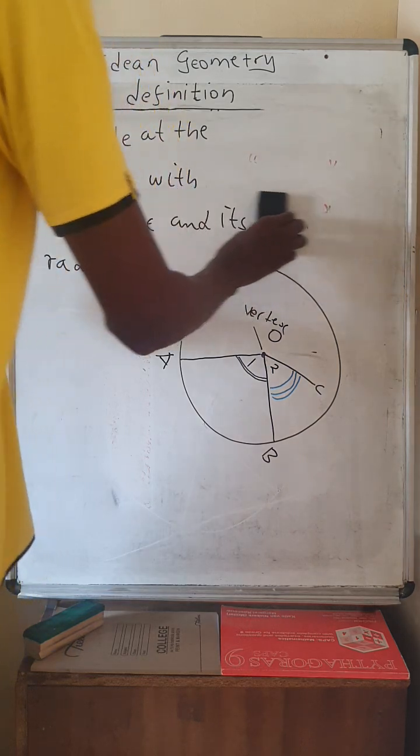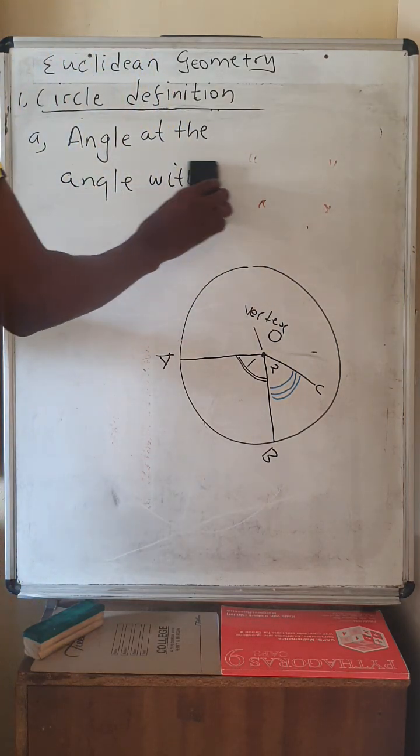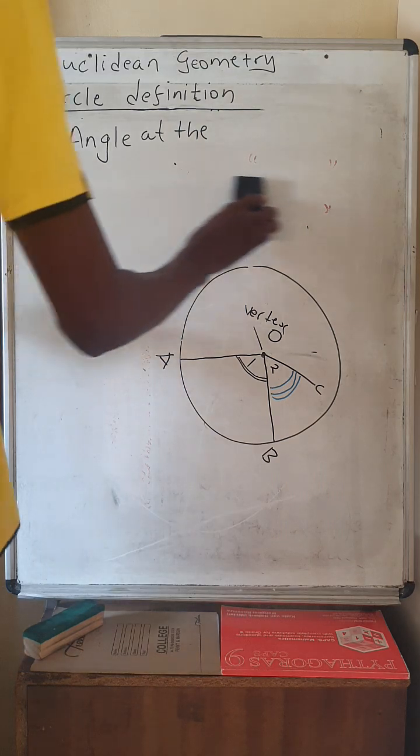Angle at the circumference. So that is B under circle definitions.